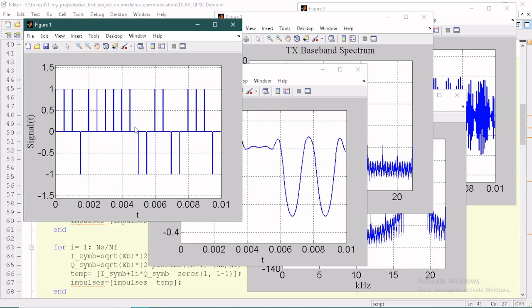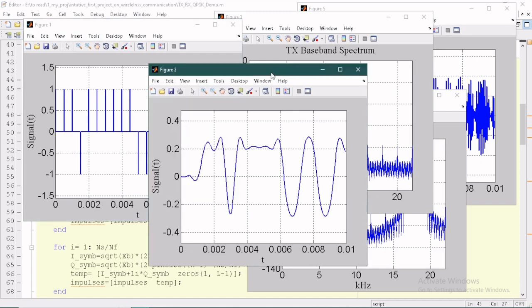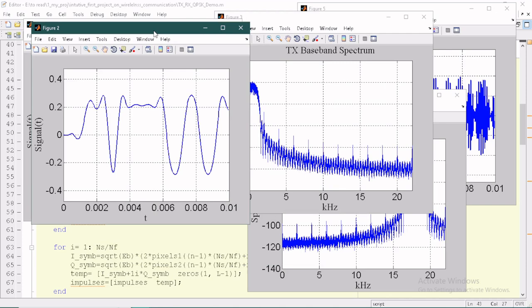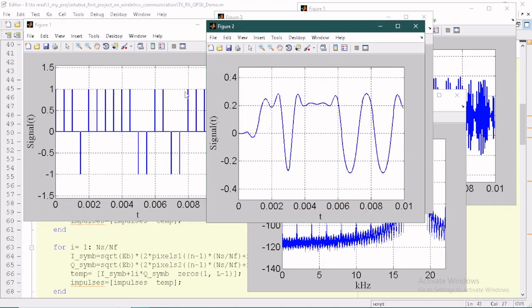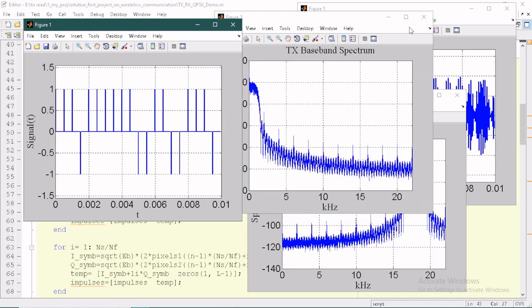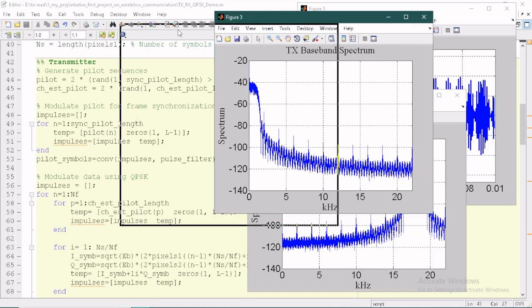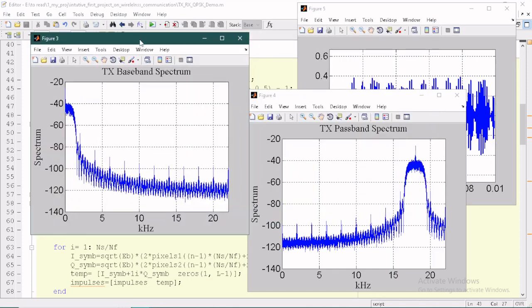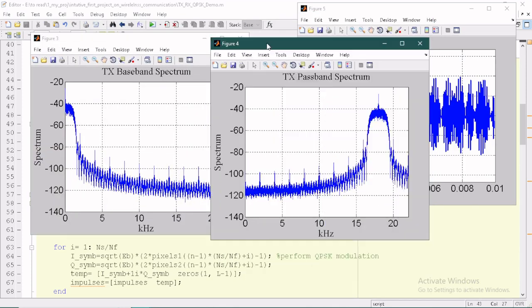We have some impulses corresponding to the data, 1 or -1. This is after pulse shaping. So notice how the impulses are converted to a pulse that can be used as a signal for transmission. And this is the baseband spectrum, and this is the passband spectrum.